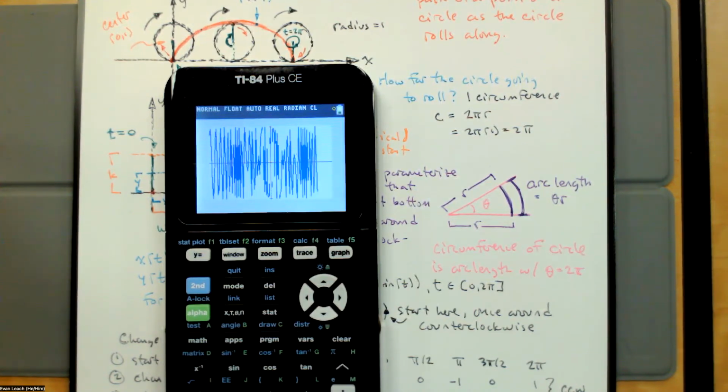As x approaches 0, 1 over x is approaching infinity. So at a certain point, we're just going to see a solid block because we have an infinite number of oscillations getting close to 0.